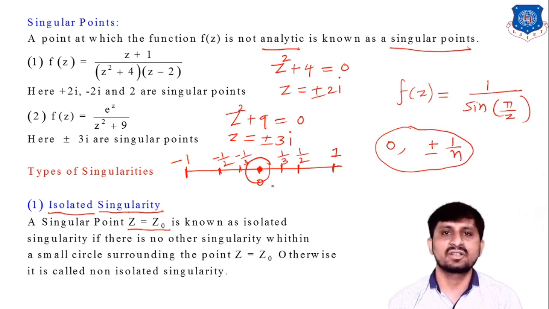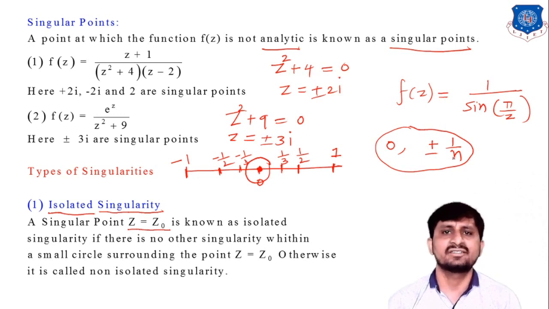Any small circle you can take, but for at least one n, plus or minus 1 upon n is inside the circle. So that's why 0 is not an isolated singular point.